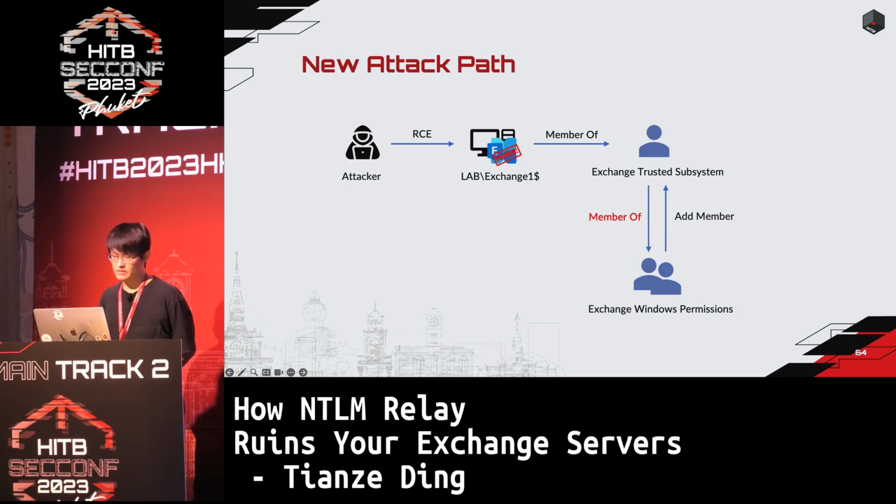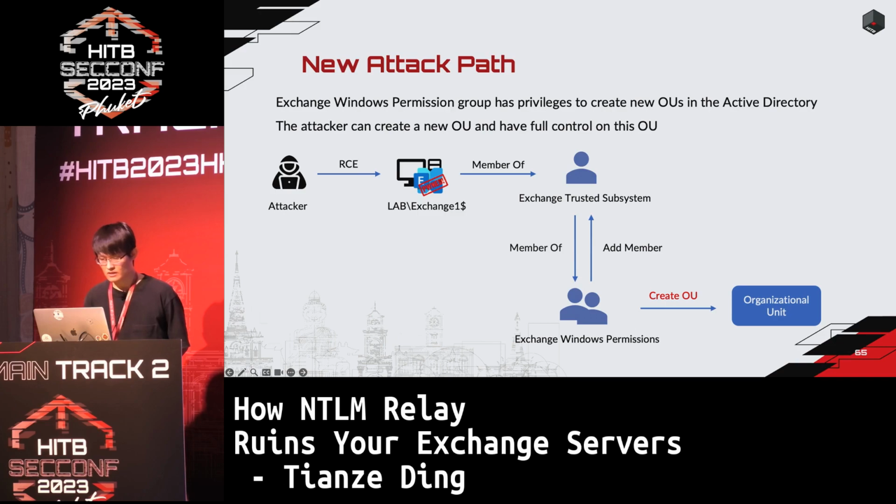Once an attacker achieves RCE on Exchange servers, he can also get the privileges of the Exchange Trusted Subsystem group and the Exchange Windows Permissions group. The Exchange Windows Permissions group has the privilege to create new OUs in Active Directory. So the attacker can create a new OU and take full control of this OU.